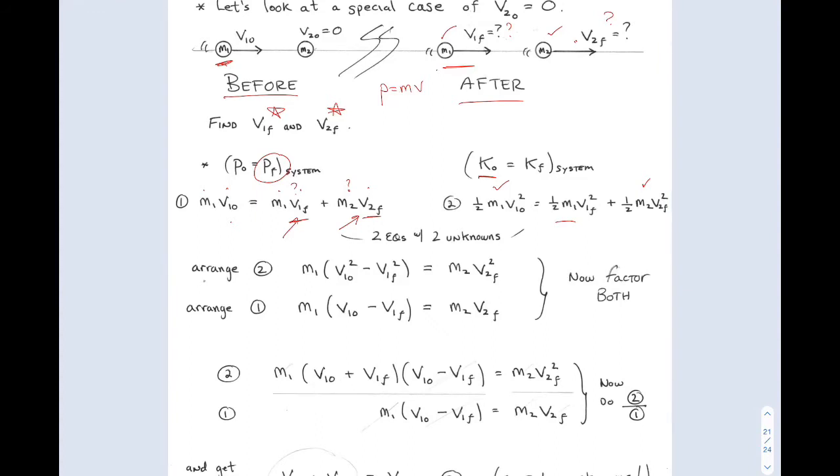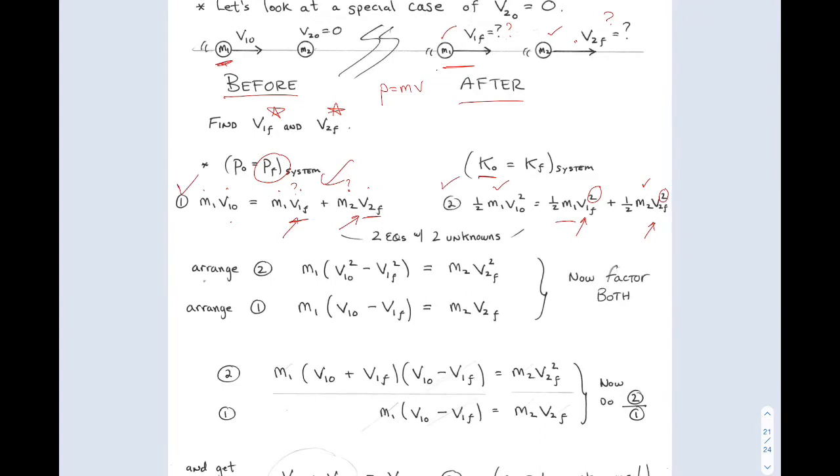So I have two equations, two unknowns, no big deal. We've been solving that all throughout the semester. What makes this one more difficult is that in one equation my two unknowns are squared, and in the other they're not. That makes it really messy. So there's a little trick on how to solve two equations, two unknowns when one of them is squared.